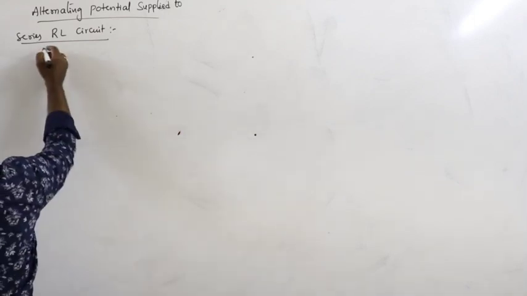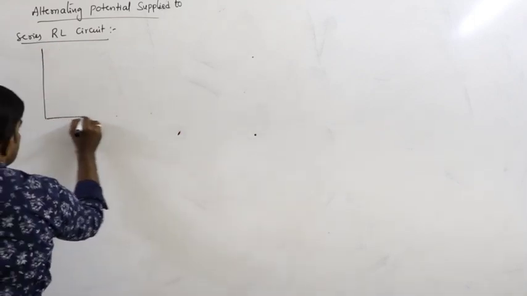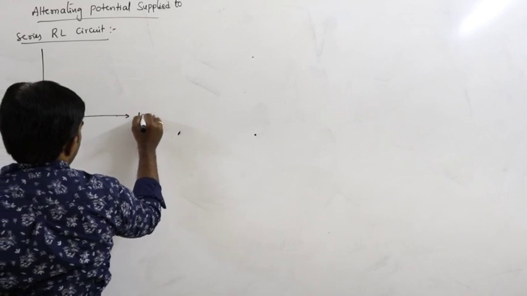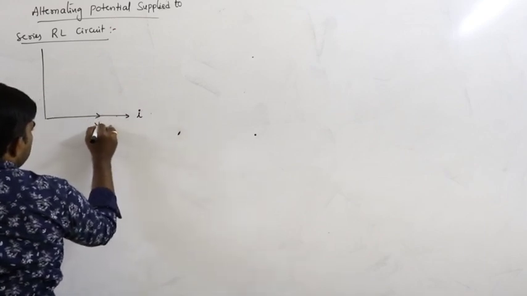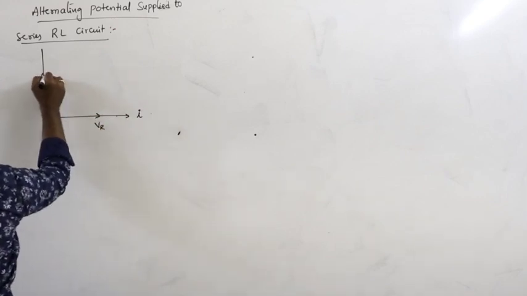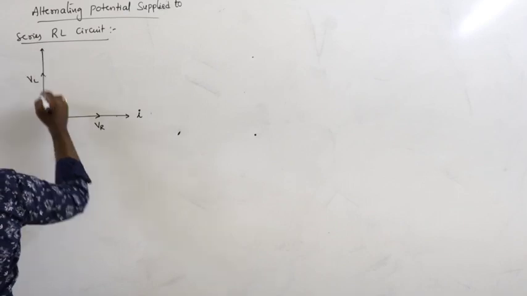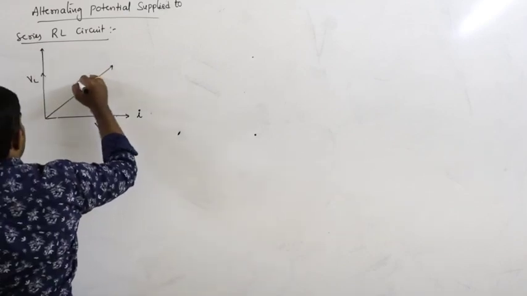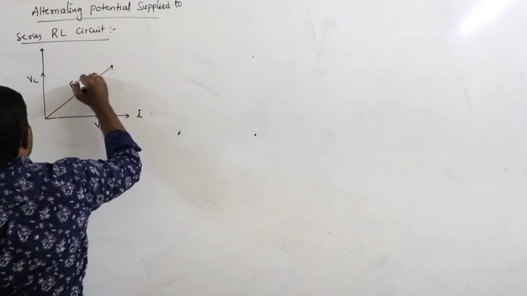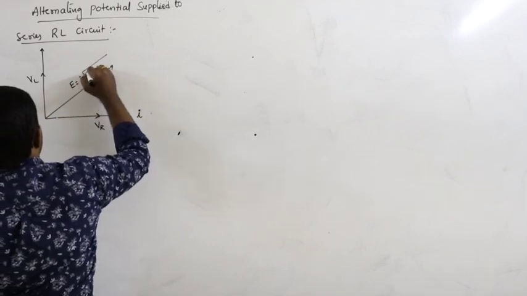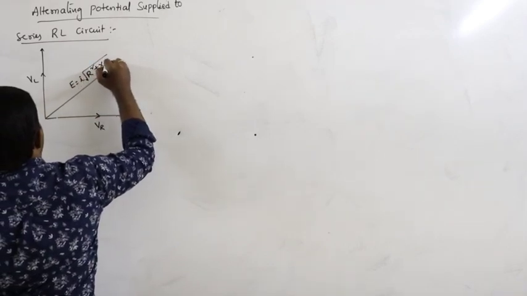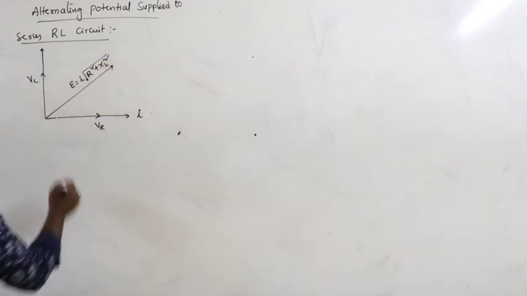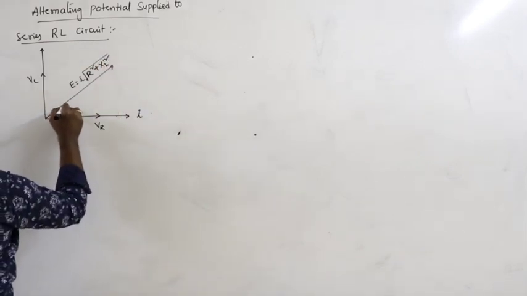According to the phasor diagram, this is I, this is VR, this is VL and this is the net E, which is equal to I into under root R square plus XL square. This makes an angle phi.